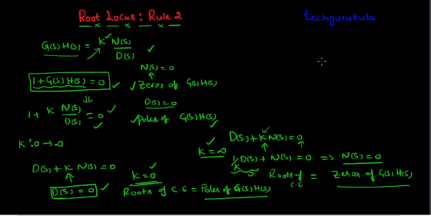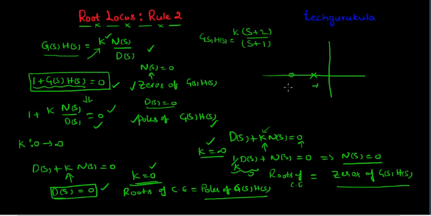If we take an example, let us take G(s)H(s) to be k times (s plus 2) divided by (s plus 1). Now if we plot this here, let me take -1 as the pole, right?